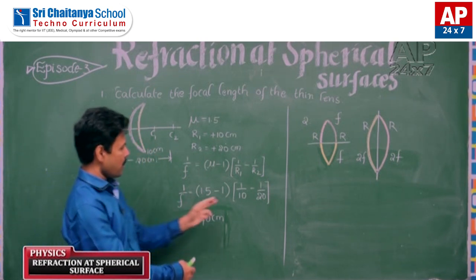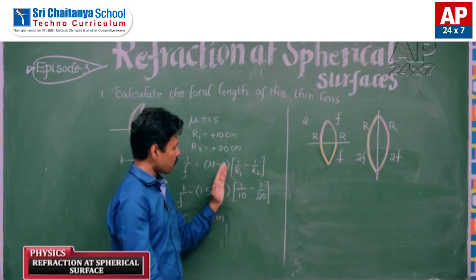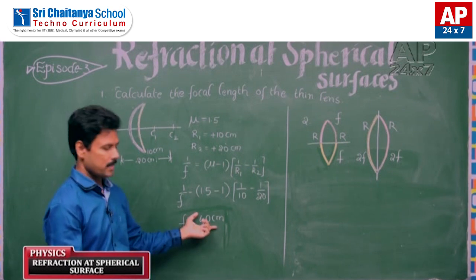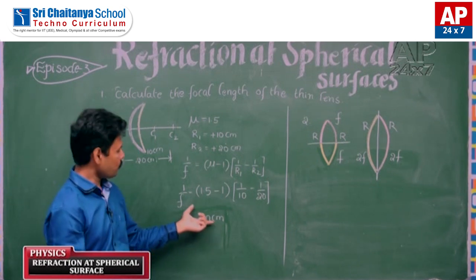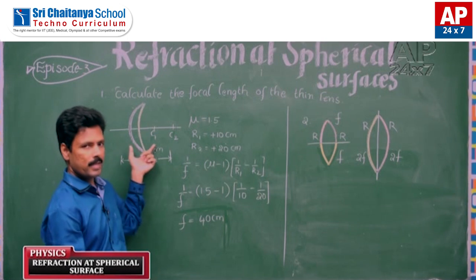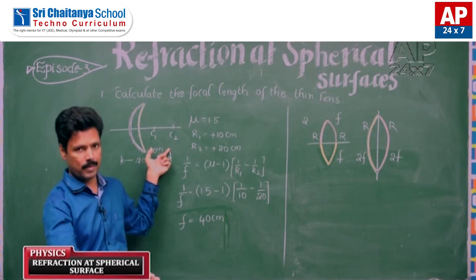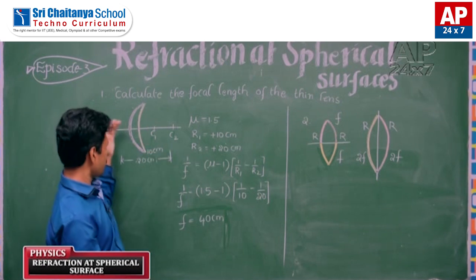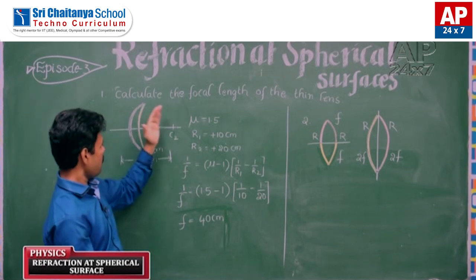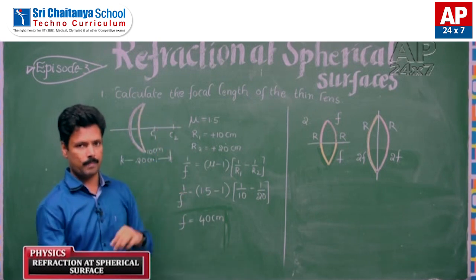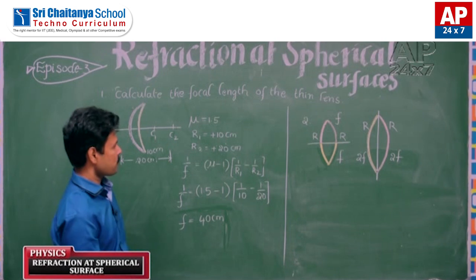Means the values are interchanged and both values are negative. So finally the answer will be the same. The conclusion is that its nature does not depend on the direction in which light rays are incident. Whether light rays come from this side or this side, it has the same converging nature.